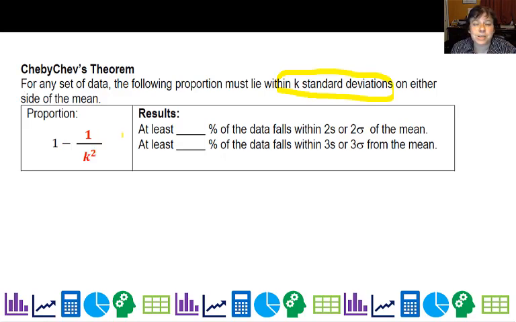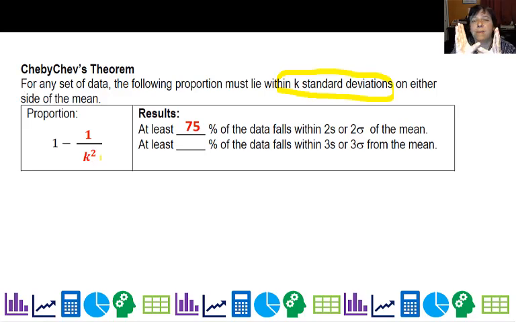So 0% of the data is guaranteed to be within 1 standard deviation. If you're within 2 standard deviations away, 1 minus 1 over 2 squared, 1 minus 1/4 is 3/4. He said 3/4, or 75% of the data, falls within 2 standard deviations of the mean. So it's a band that's 2 standard deviations wide with the mean in the middle.